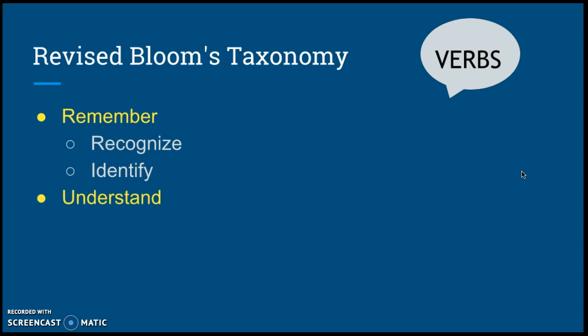Second, understand. So this is where we're restating, putting things in our own words. Under this category, you may see things like students will construct meaning, or students will comprehend material, make use of the material they've learned. You may also see words like interpret or summarize.